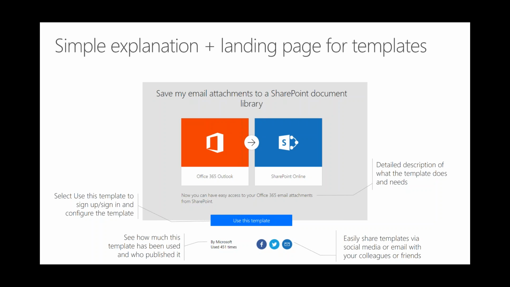And then one of the things we found is that people within an organization are often looking for a template that they want to use, but they stumble across a template that maybe one of their coworkers could use.